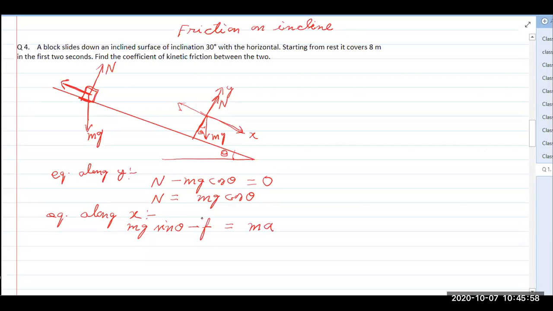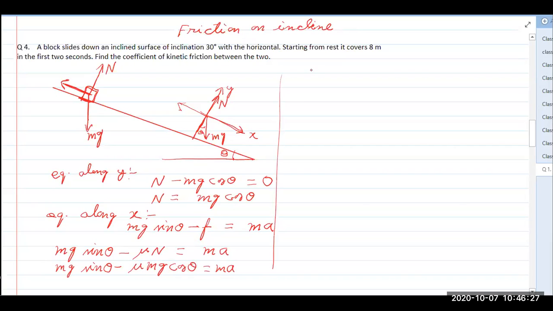The downward force minus the upward force, that is friction, equals ma. How much will friction be? If the object is sliding, then friction is mu times normal. Let us put that value. Normal is mg cos theta, so mg sin theta minus mu mg cos theta equals ma.